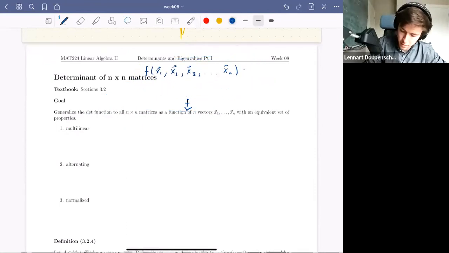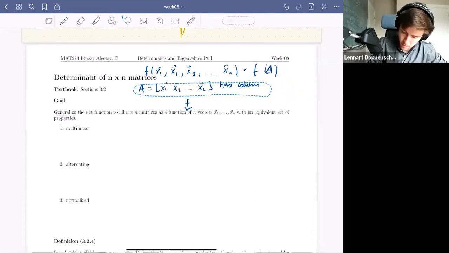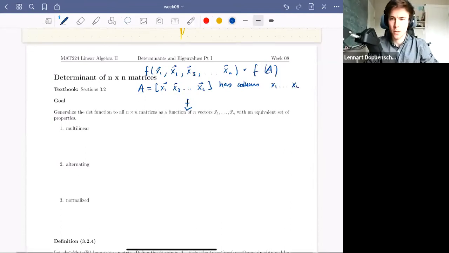So we could write this as f of a matrix, f of A, where A has columns x1, x2, and so on, all the way to xn. So that's just notation which might be more convenient in one or the other case.